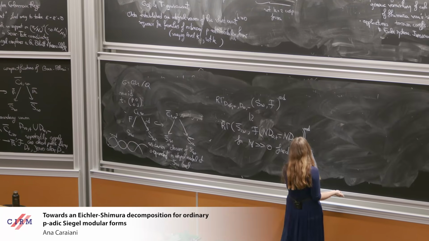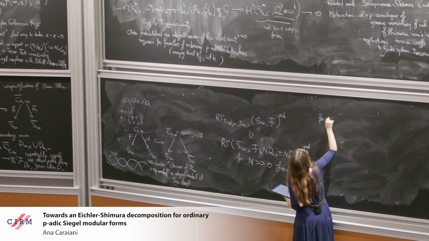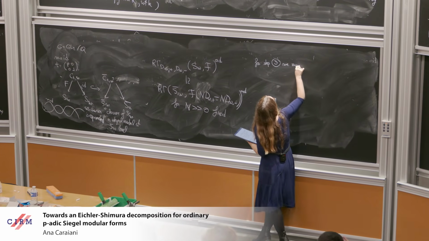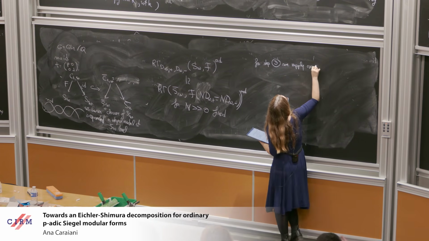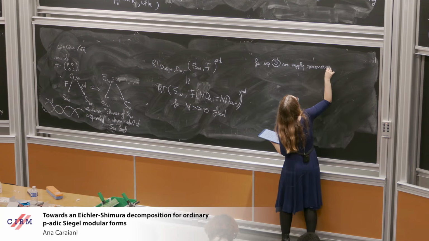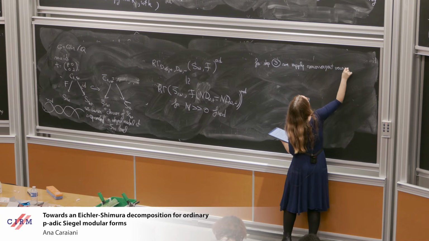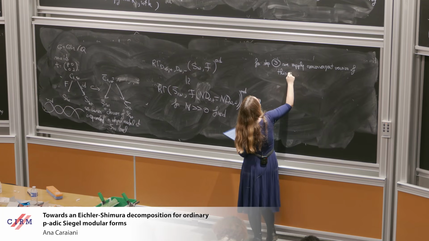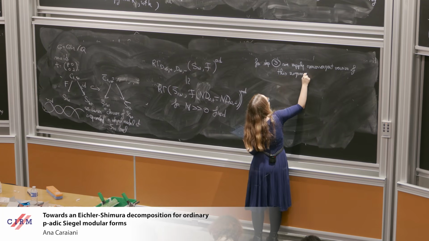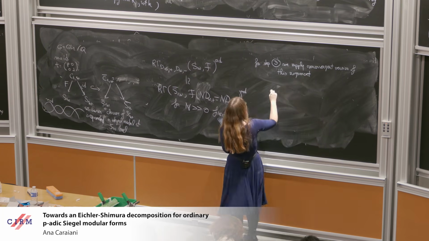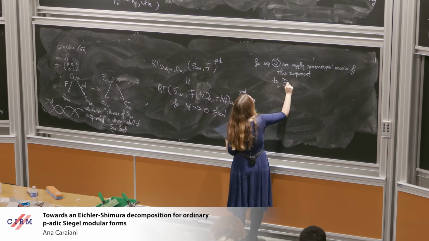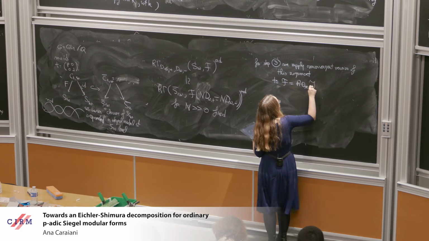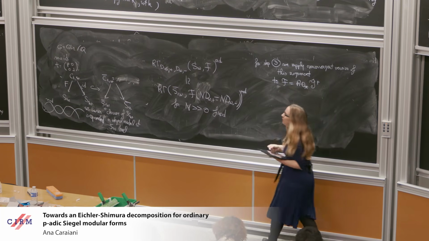Okay, and so for our step 3, we apply an overconvergent version of this argument, and this is really the last step of the argument, to a very big sheaf, which is the sheaf of nearby cycles on our Igusa tower.